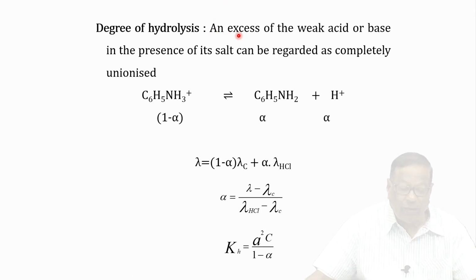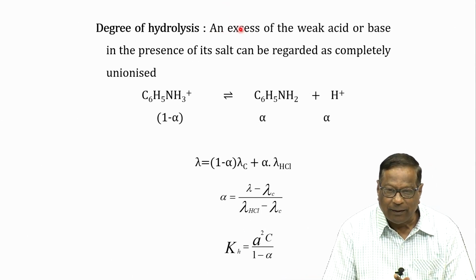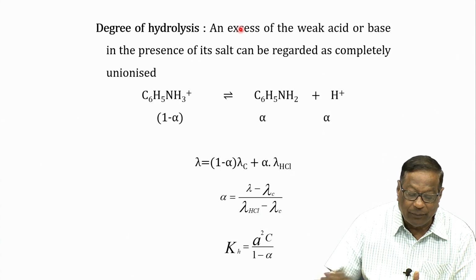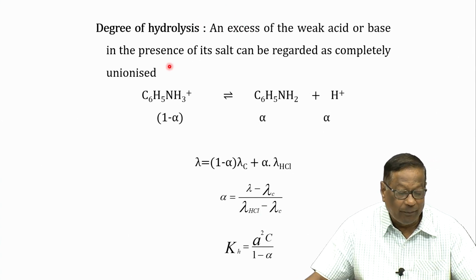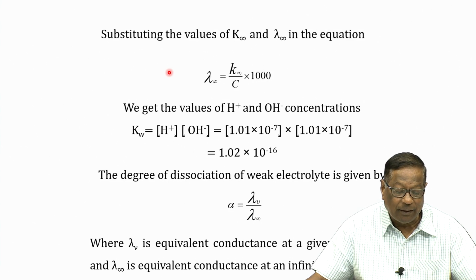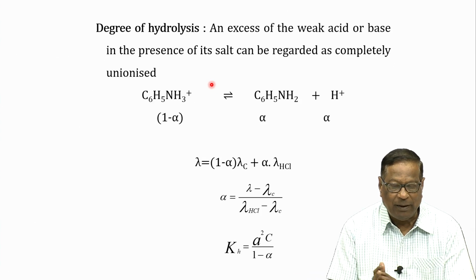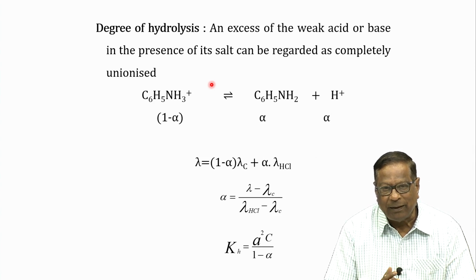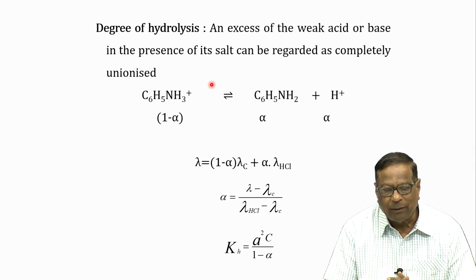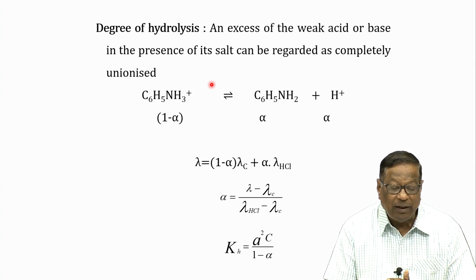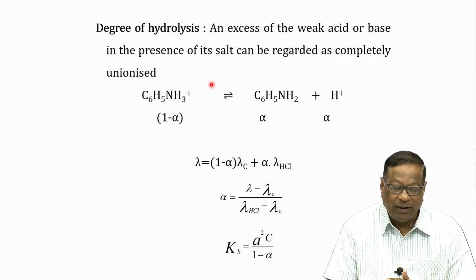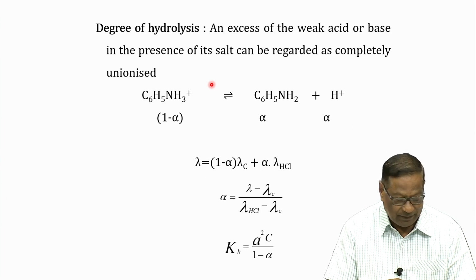So, that was about Kw, that is the ionic product of water. And then we can determine another parameter that is very useful, and which can be determined by conductometry, which is the degree of hydrolysis.